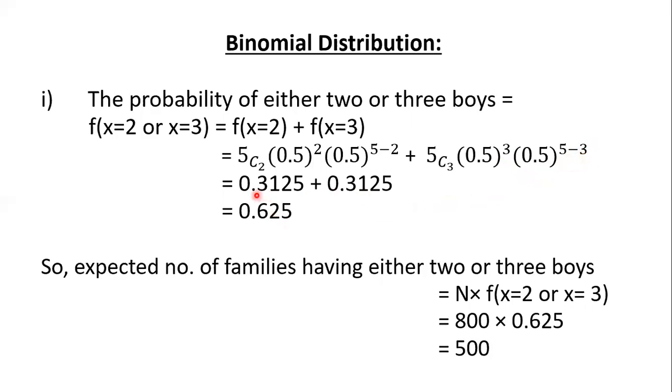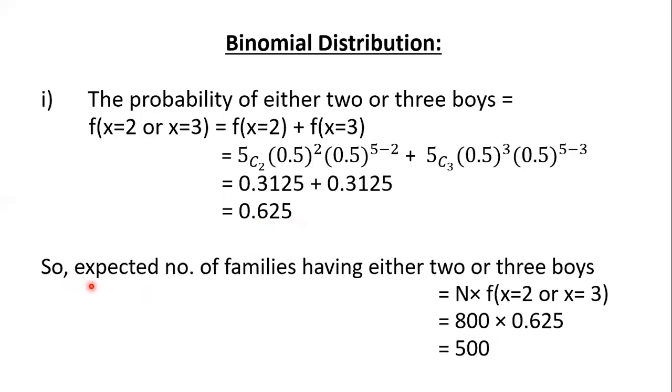Finally, we get 0.3125 + 0.3125, that is P(X = 2 or X = 3) = 0.625.